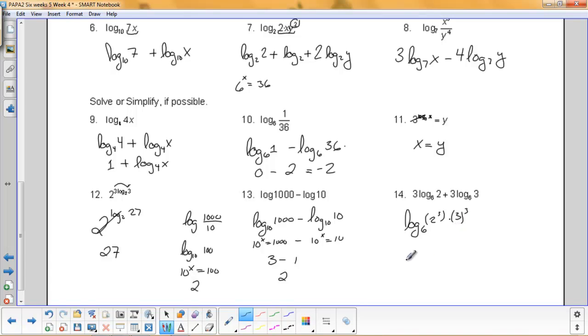So now I'm going to do log base 6 of 8 times 27, which is 216. And now I'll go ahead and use that same exponential switch to determine if this is a simplifiable logarithm. So 6 to the x power equals 216, and that number has to be 3.